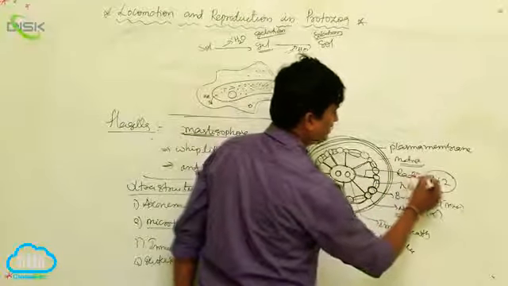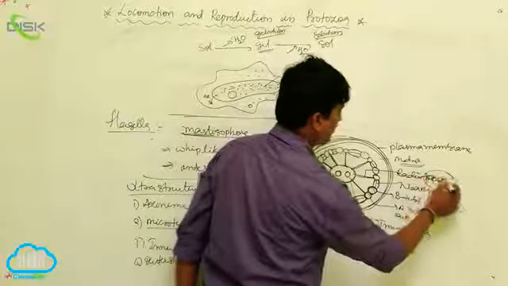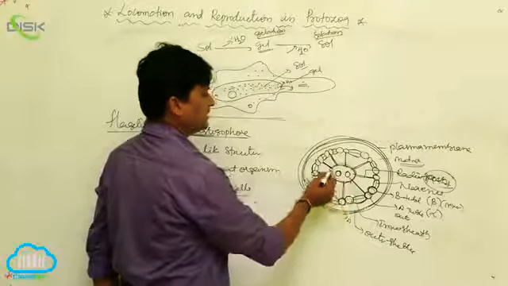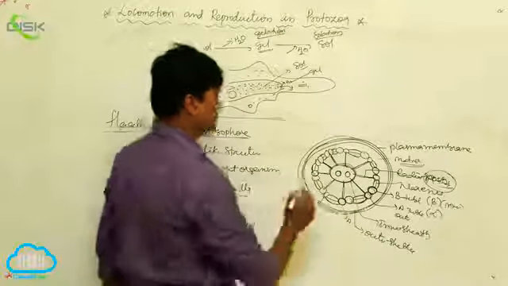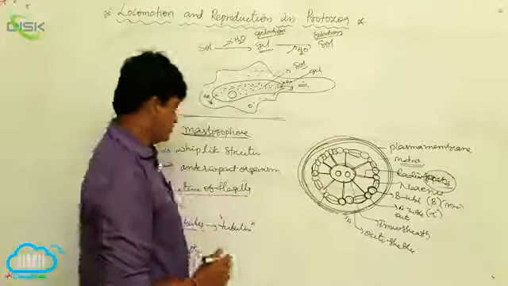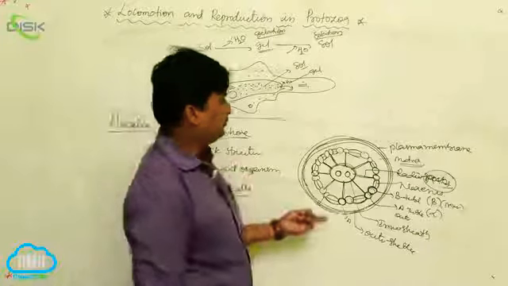They attach to the central filament or central tubules. This is the arrangement of the ultrastructure of the flagella.